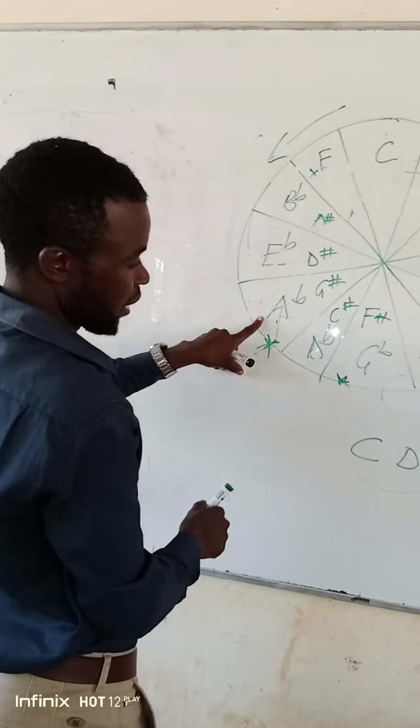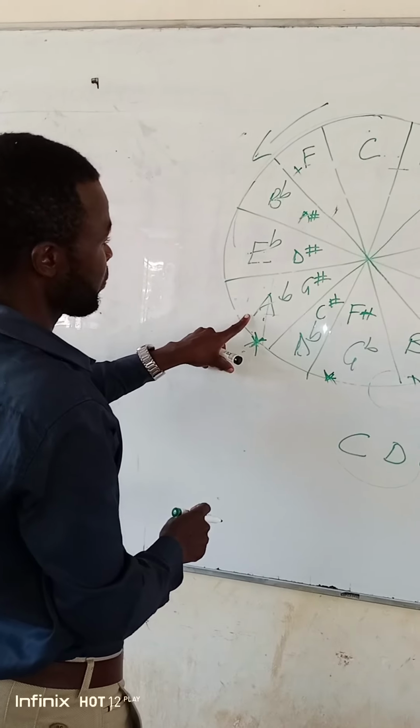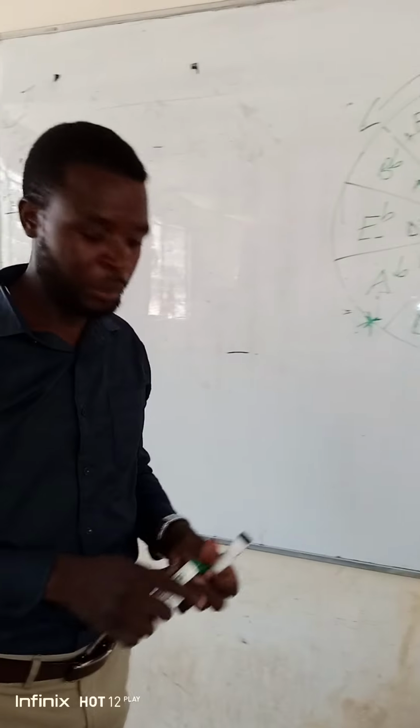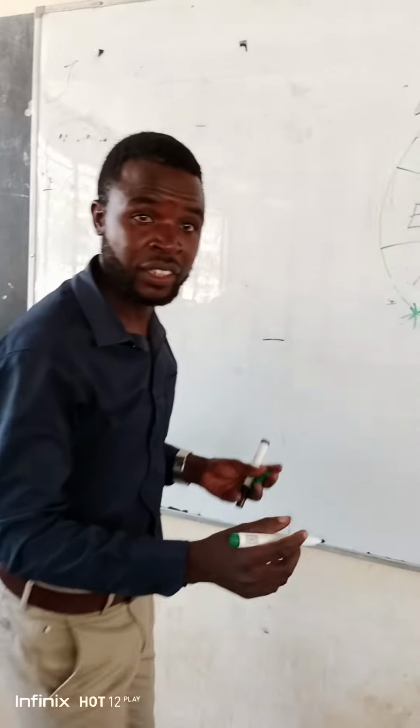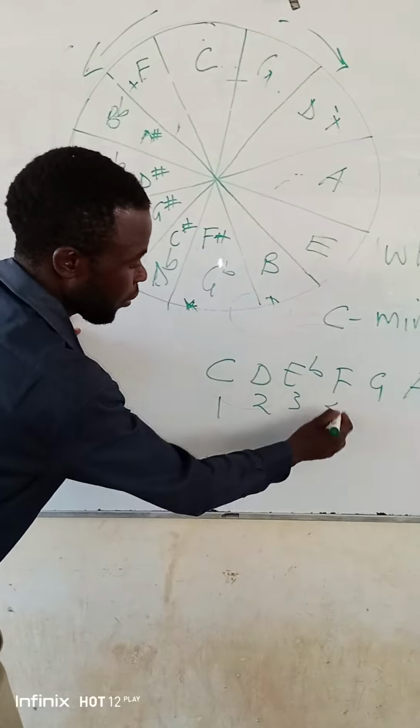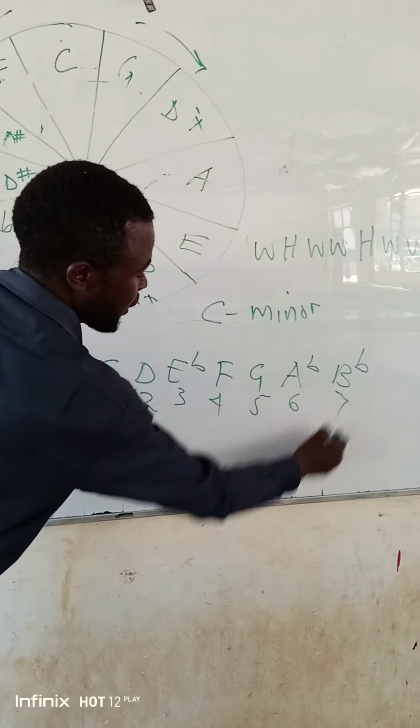After the F flat, what do you have? B flat. And you finish. That is a minor scale from the circle of fifth.